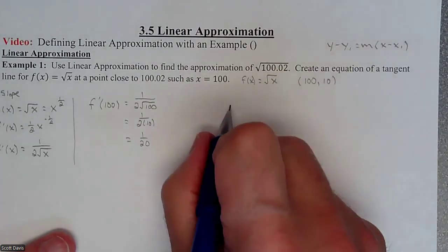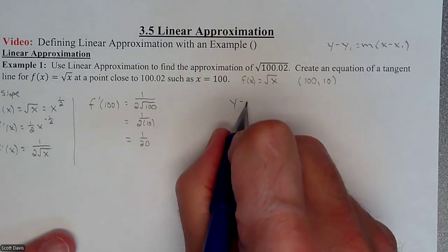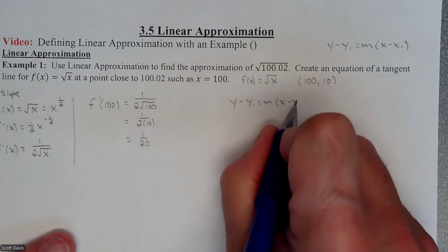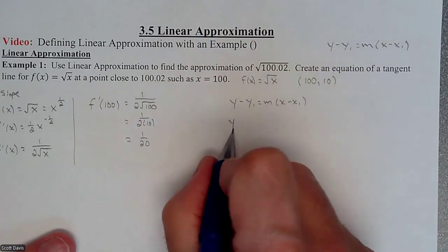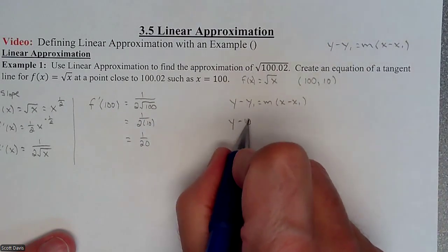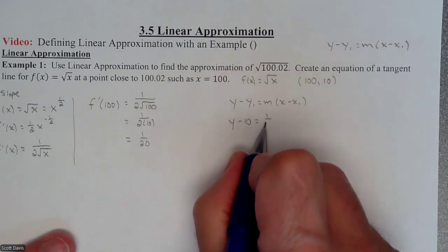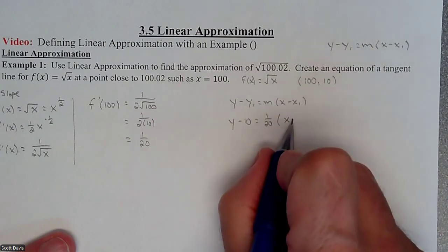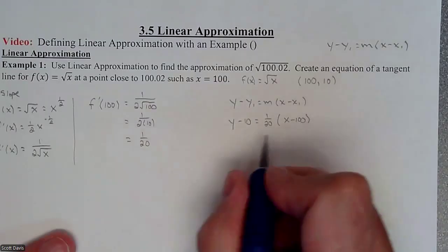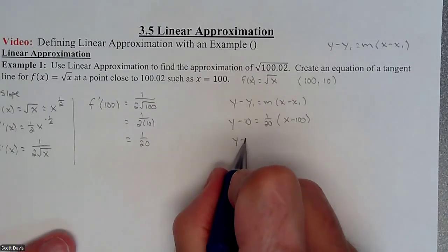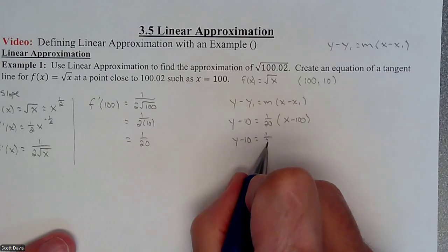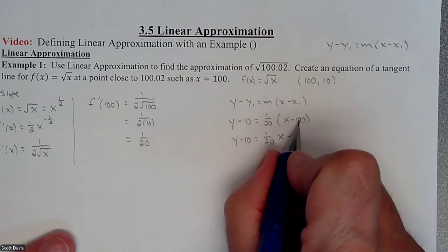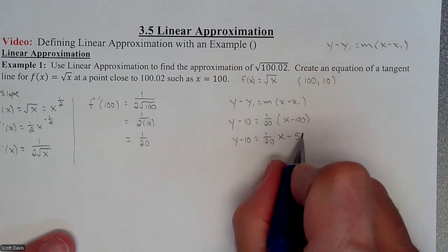Our tangent line is y minus y1 equals m times x minus x1. We plug in our nice coordinate, so y minus 10 equals 1/20th, our slope at that nice point, times x minus our x value. So y minus 10 equals 1/20th x minus, I take a 20th of 100, I'm getting a 5.